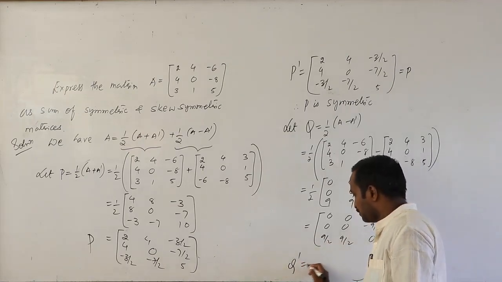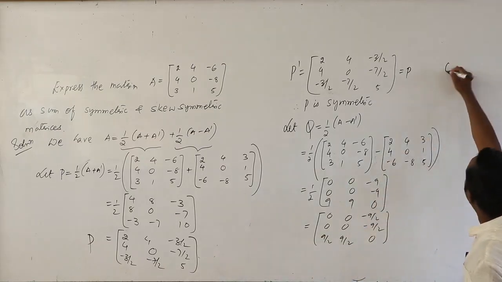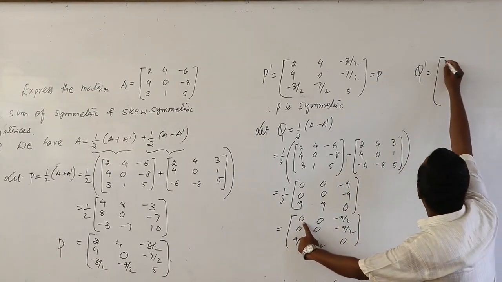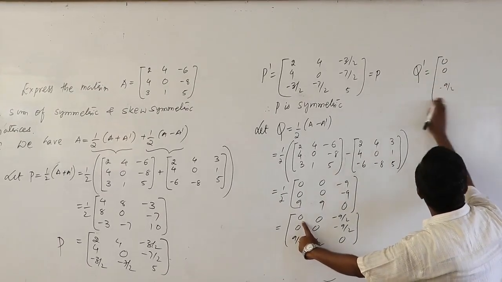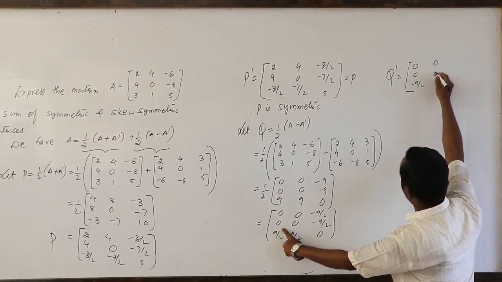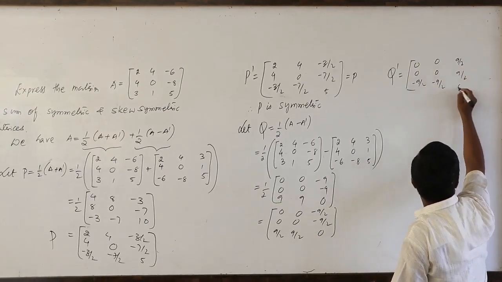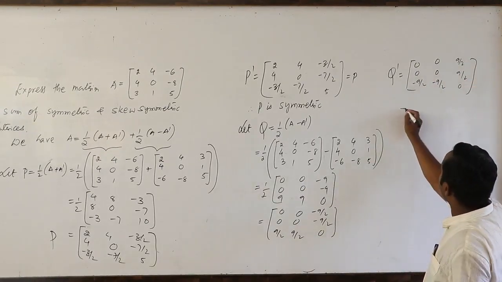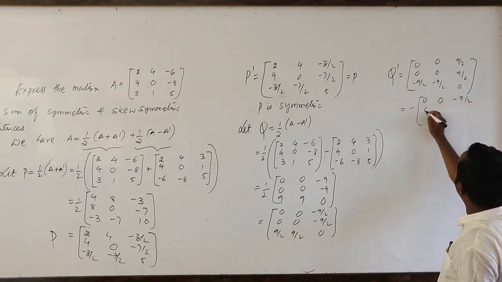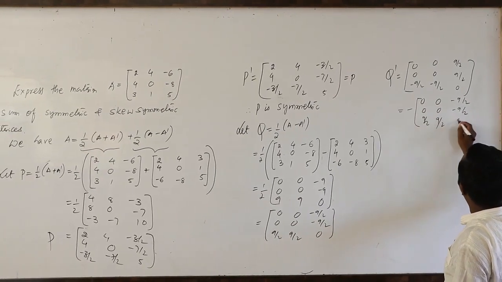What about Q dash? Q dash becomes: 0, 0, minus 9 by 2; 0, 0, minus 9 by 2; 9 by 2, 9 by 2, 0.